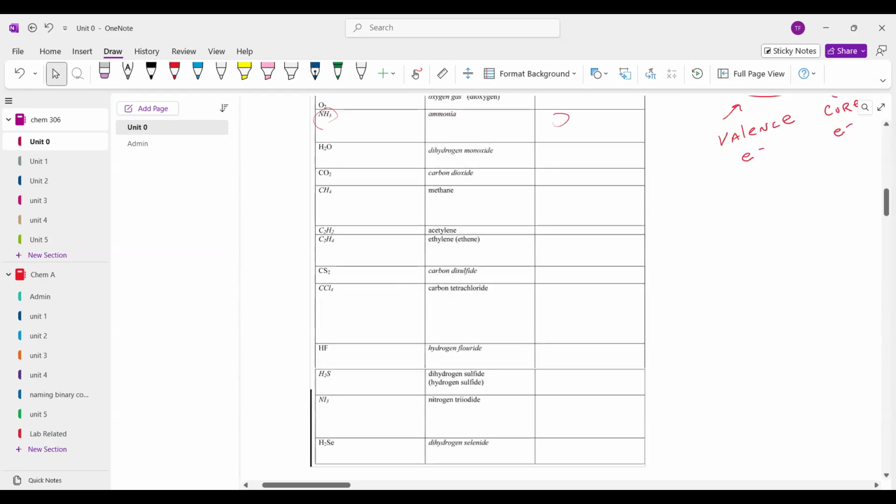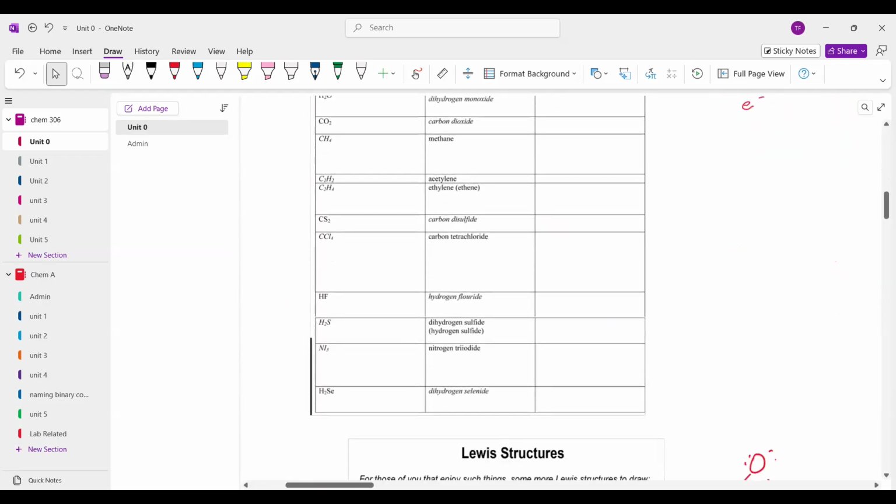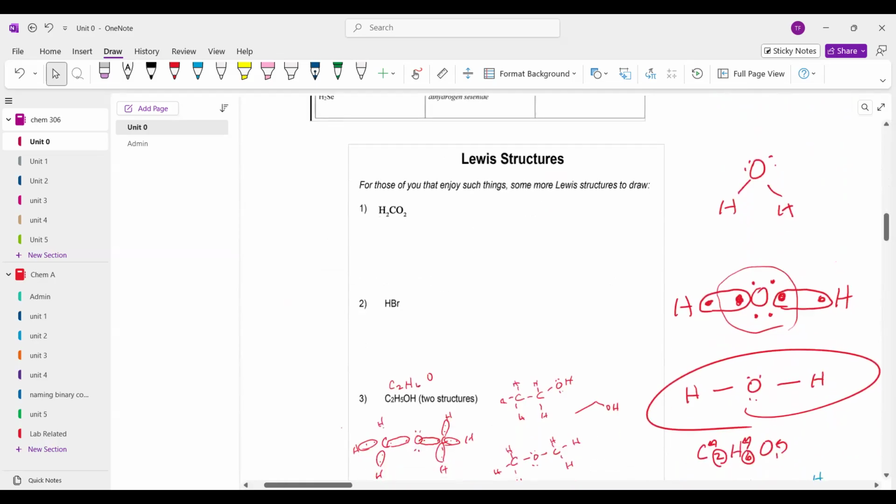Okay, there's this one, which is a good one to start with because all the valence stuff is at the top. Okay, so here we've got some practice. Let me do this one here.